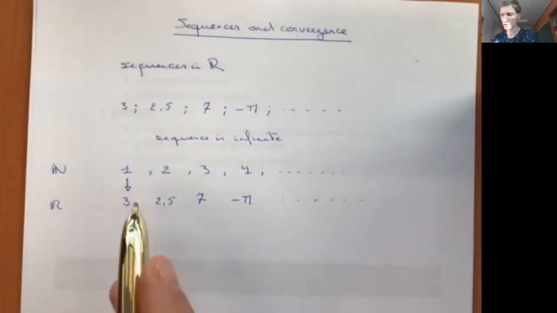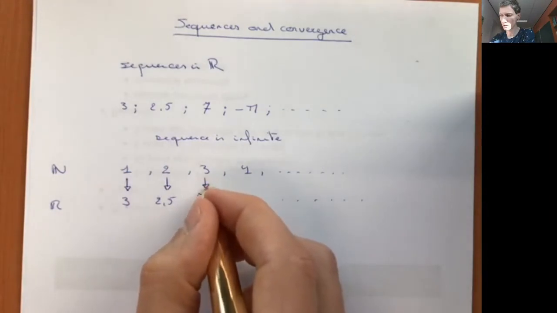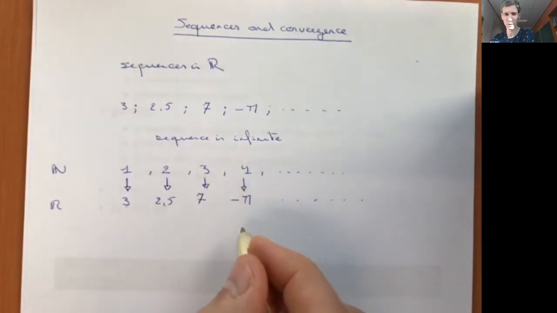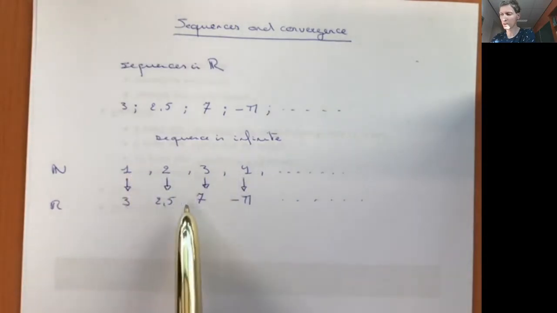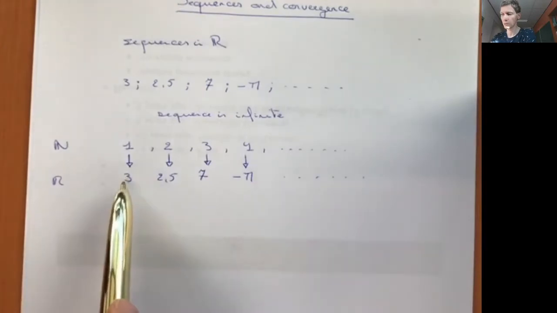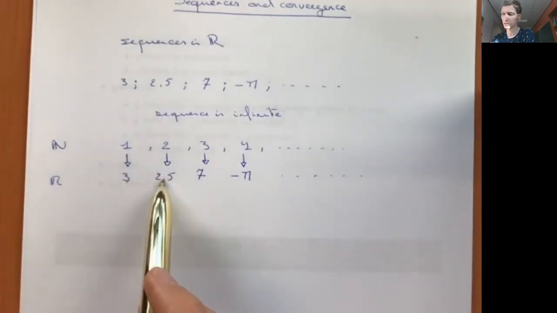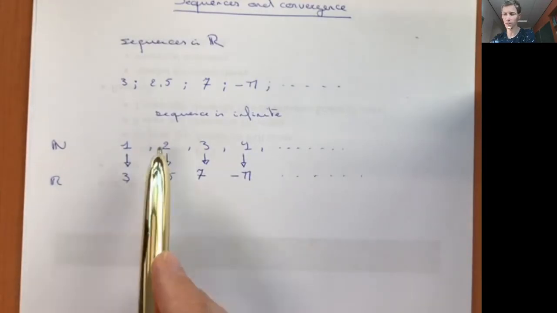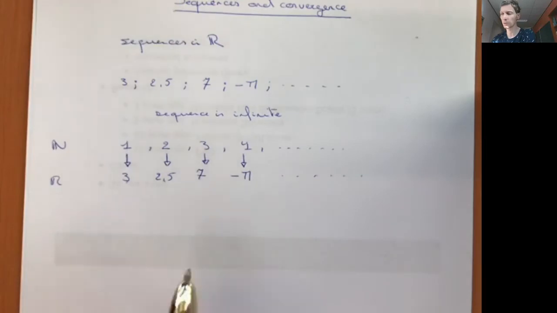For every number in N you have a number associated in R. So this is called the first element of the sequence, because it's associated with number 1. This is the second element in the sequence because it's associated with number 2. The third, and the fourth number, and so on and so on.